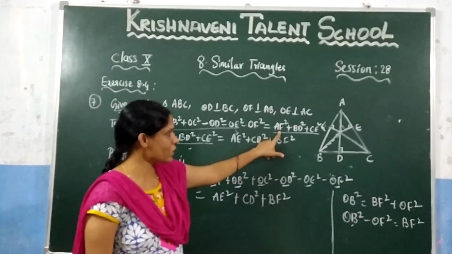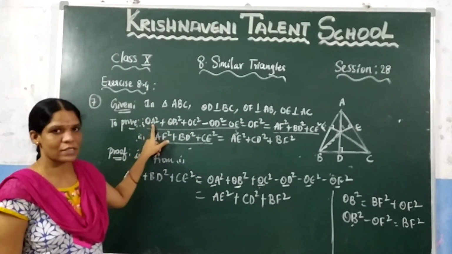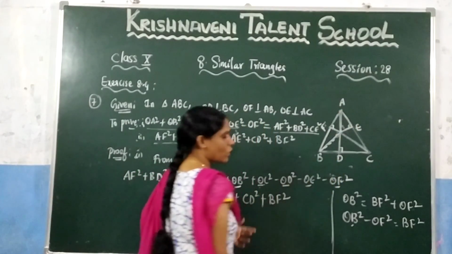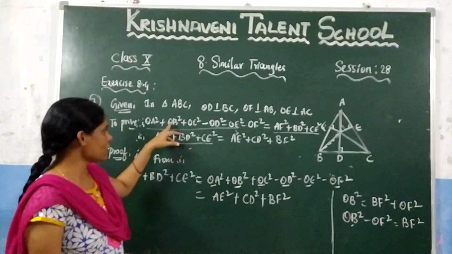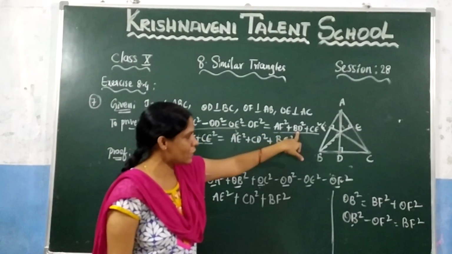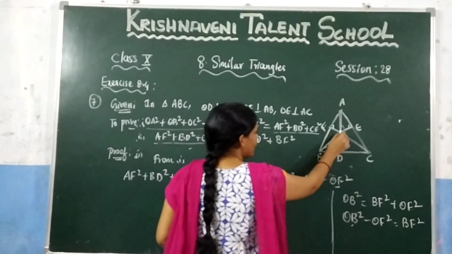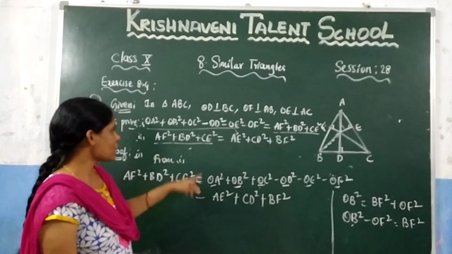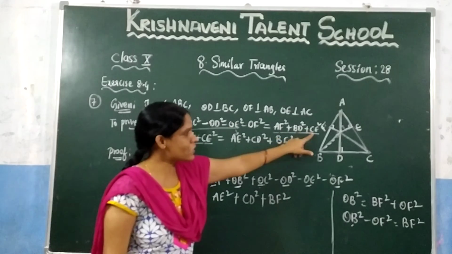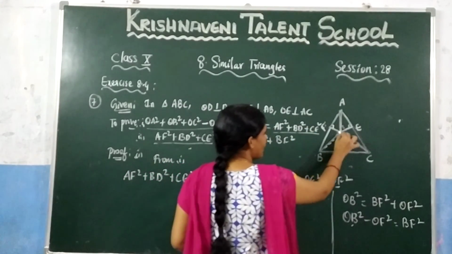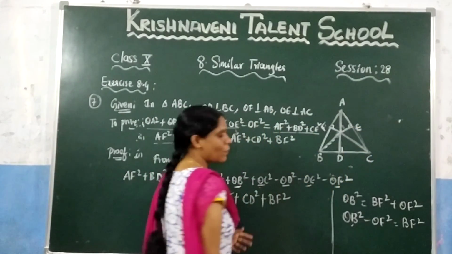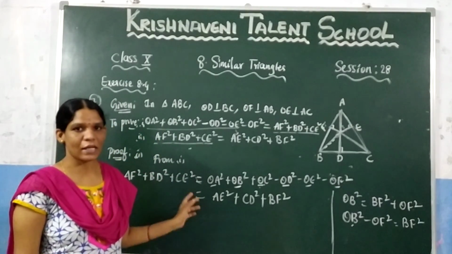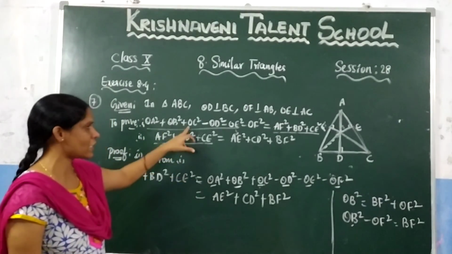Since here AF is there and since here OA is there, you can choose this triangle. Right? So that we got one equation, and similarly since OB is there and BD is there, you can choose here OBD triangle. Again you got one more equation, and since here OC is there and CE is there, you can consider the triangle OCE, and we have applied the Pythagoras theorem so that we got one more equation, and after adding all these equations we have proved this condition.